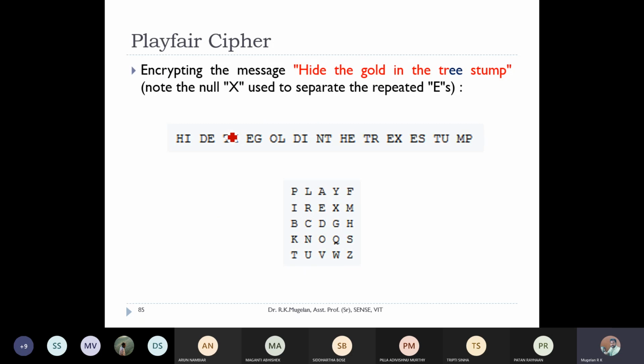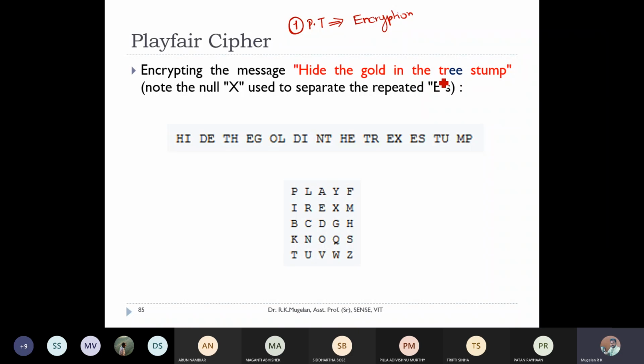Right. Now they're asking you to encrypt this message: hide the gold in the tree stump. The first step in the Playfair cipher is to make your plain text ready for encryption. That is the first rule in the substitution rules. What does making the plain text ready mean? You have to check whether any letter is repeated twice in a continuous manner.